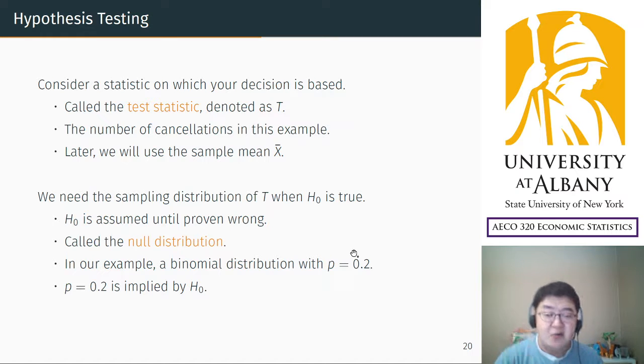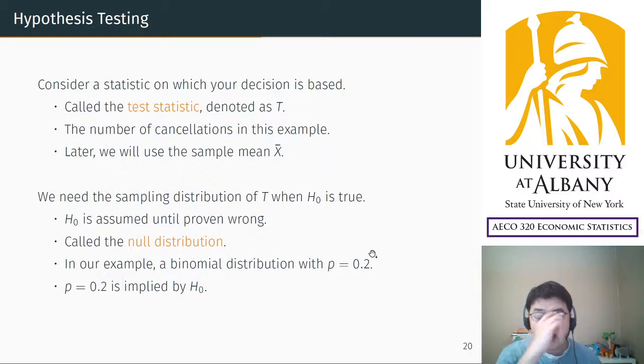And in our example, the null distribution is a binomial distribution with 20%, right? Here we have a binomial distribution with 20%, and this 20% in particular is coming from the null hypothesis. If the null hypothesis was wrong, then this probability would be a different number.